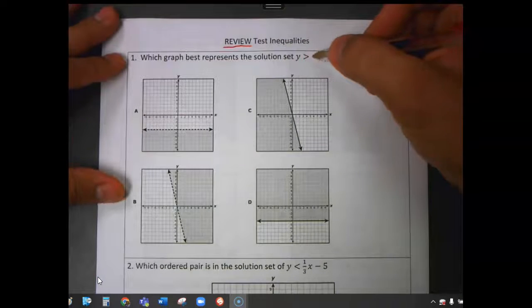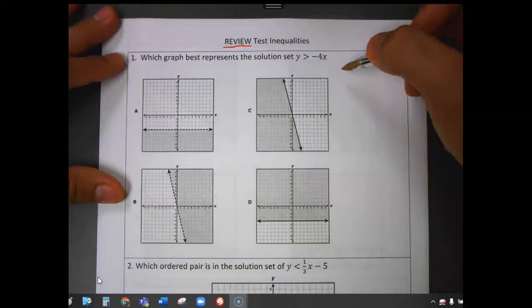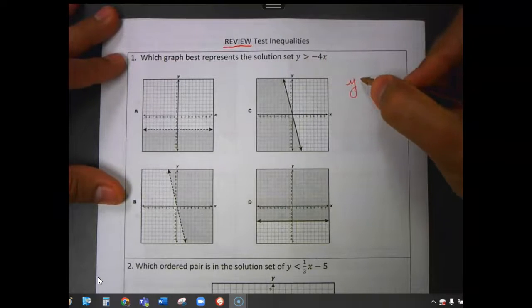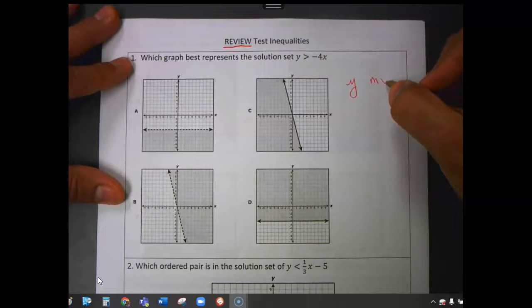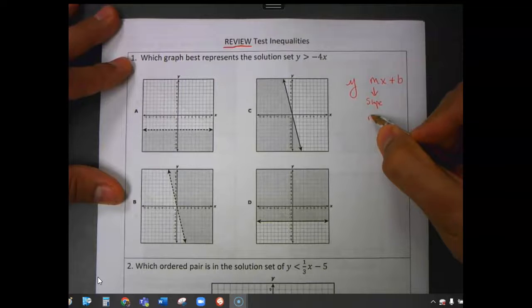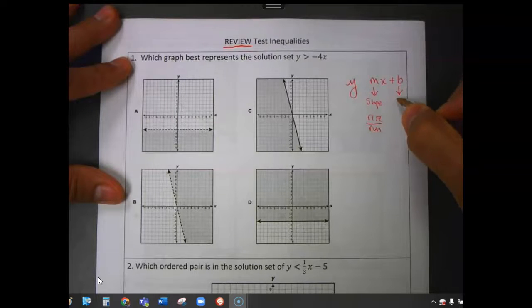Which graph best represents the solution set y is greater than negative 4x, okay? Now, if you're familiar with y = mx + b, m is the slope, which is rise over run, and b is the y-intercept.